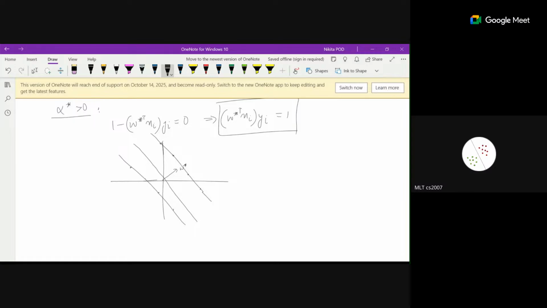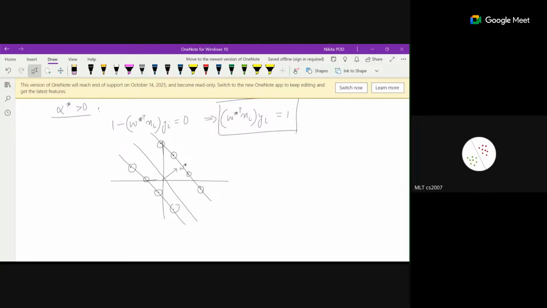The points for which alpha star is positive, and which lie on the supporting hyperplane, are called the support vectors. Not all data points, only the points for which alpha star is greater than 0.